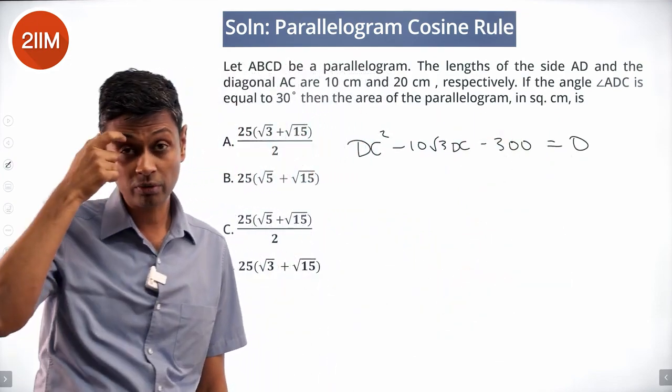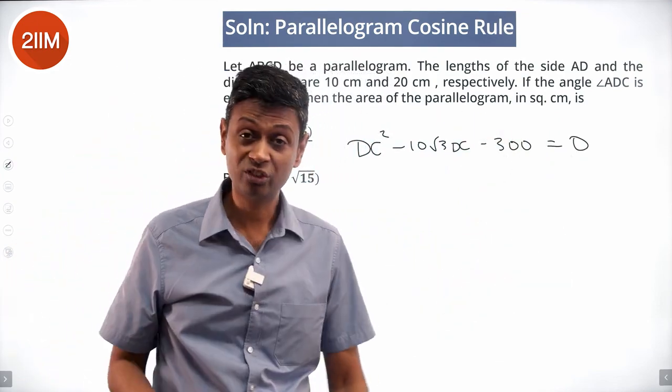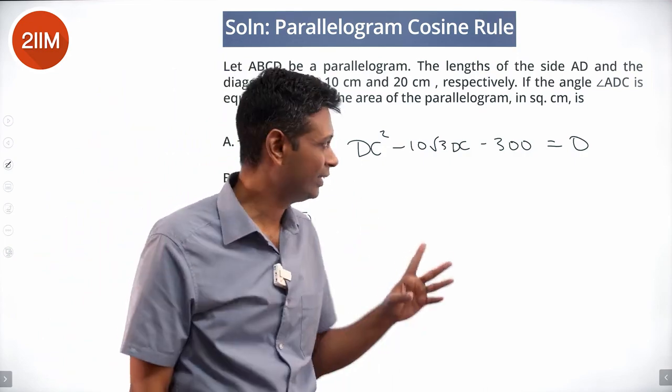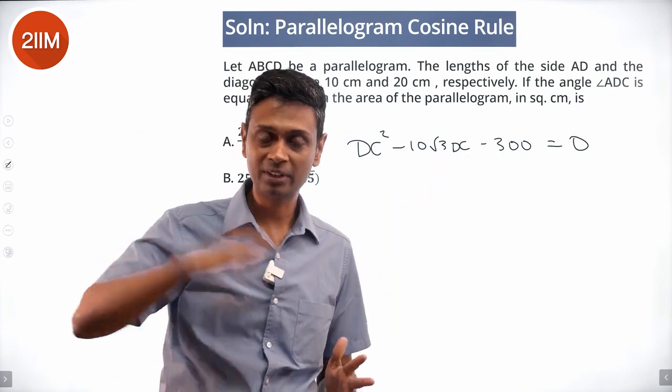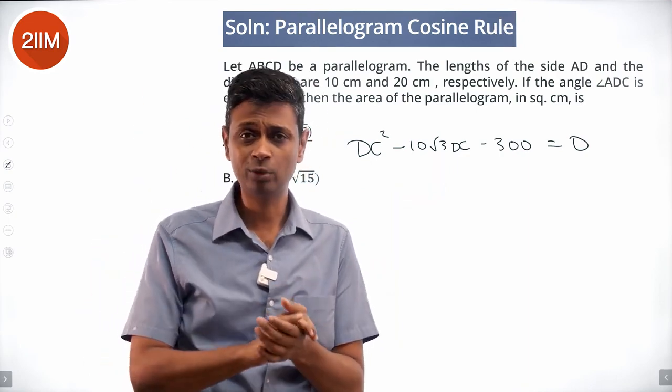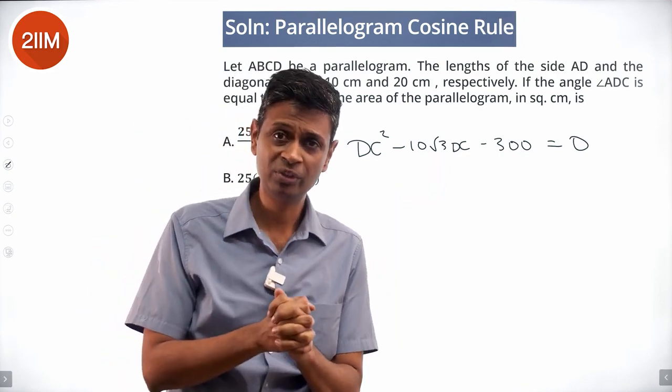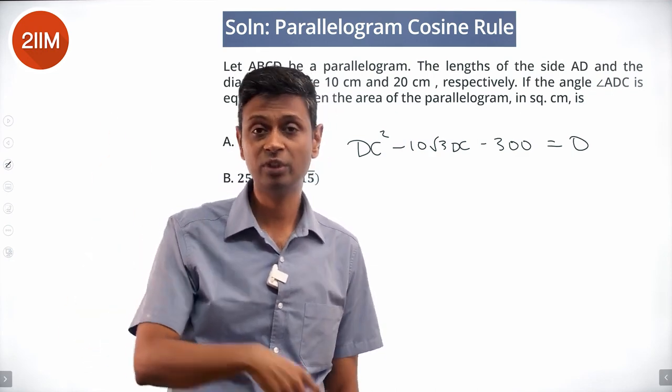It's a nice equation. Luckily enough, I can see straight away that we get only one value for DC, because the product of the roots is negative. One is positive, one is negative, so we don't have to worry about the negative root. If we manage to find that value of DC, we're through.